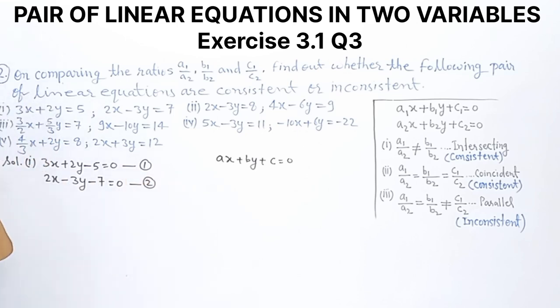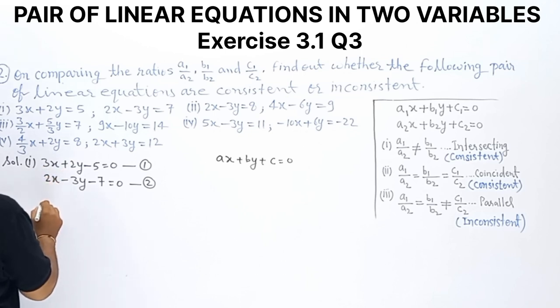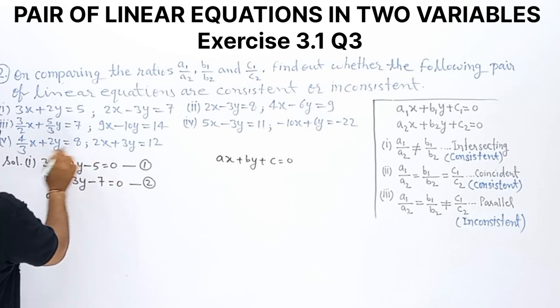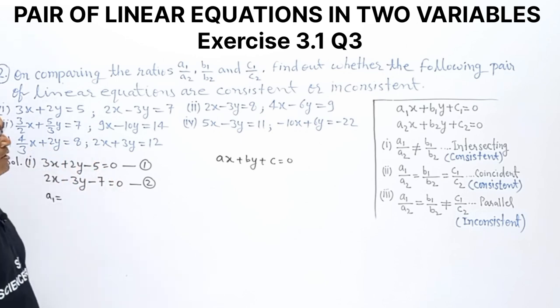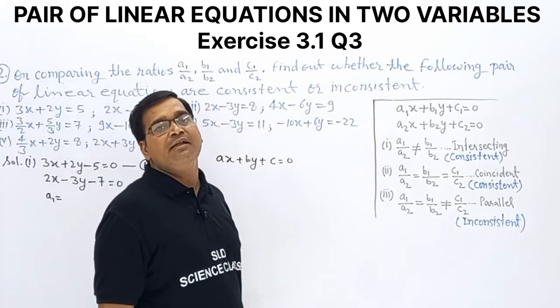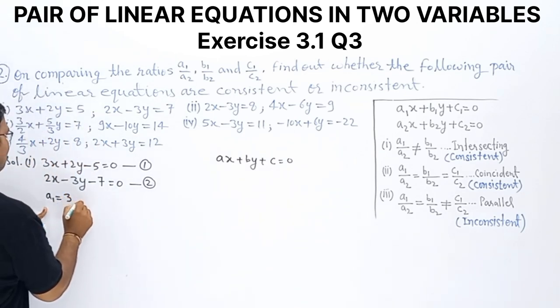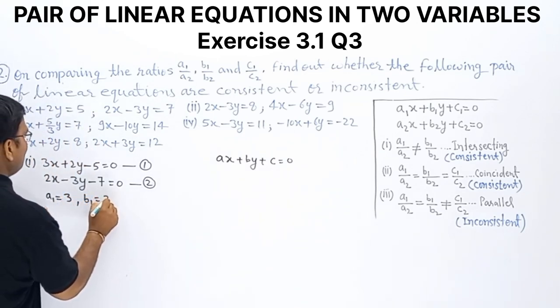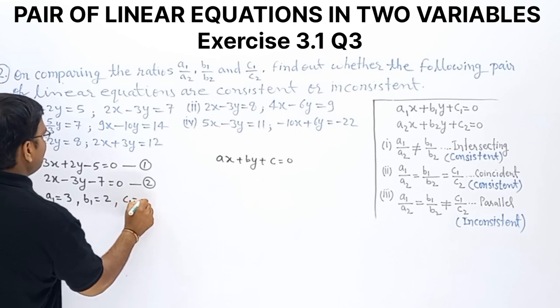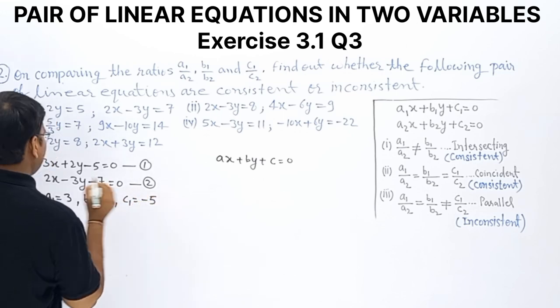Now we will find the ratios. Once we compare these with the general linear equations, we get a1 equal to 3, b1 equal to 2 and c1 equal to minus 5.